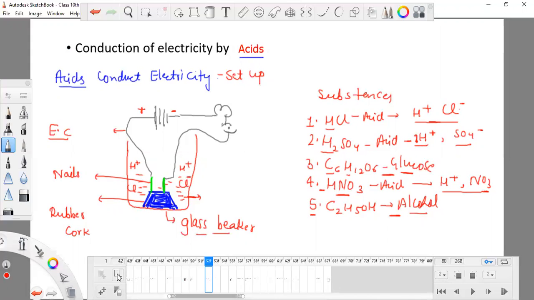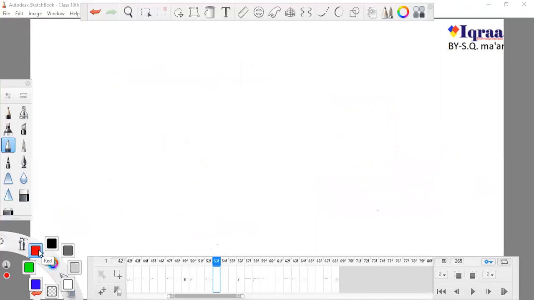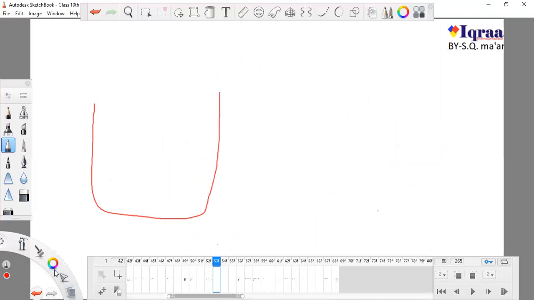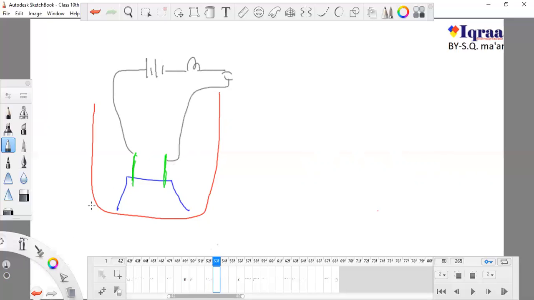Now I'm using another page to show you the full reaction. This is our beaker, and this is our rubber cork, and these are our nails, and there is a circuit, and this is the bulb, and this is the key, and the circuit is connected to this one.